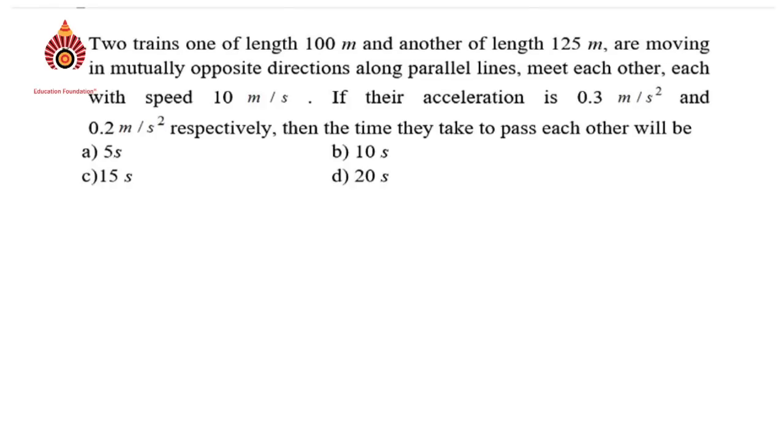Next, question number 54. Two trains, one of length 100 meter and another of length 125 meter, are moving in mutually opposite directions along parallel lines, meet each other, each with a speed of 10 meter per second. If their accelerations are 0.3 meter per second square and 0.2 meter per second square respectively, then the time they take to pass each other will be?